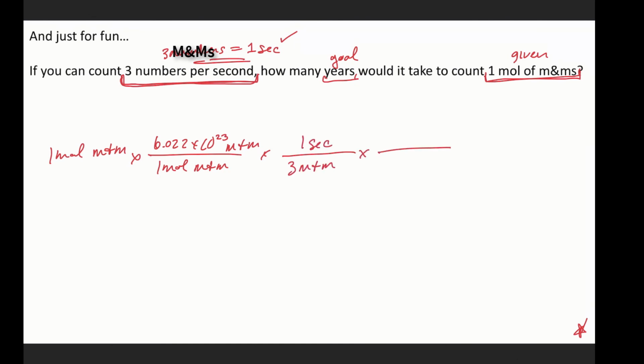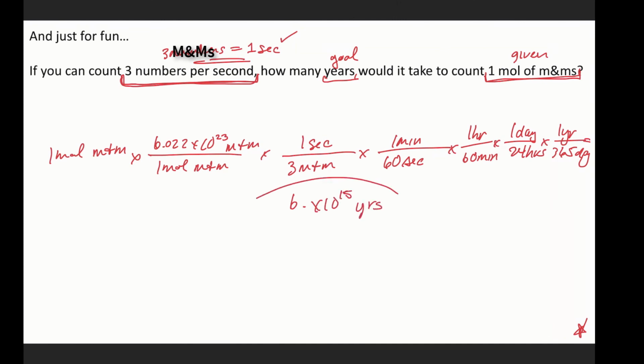And then I know that there are 60 seconds in 1 minute, and every 60 minutes makes up 1 hour, and 24 hours make up 1 day, and 365 days make 1 year. Then I just need to solve. And we would get, we'll just say, 6 times 10 to the 15th years.